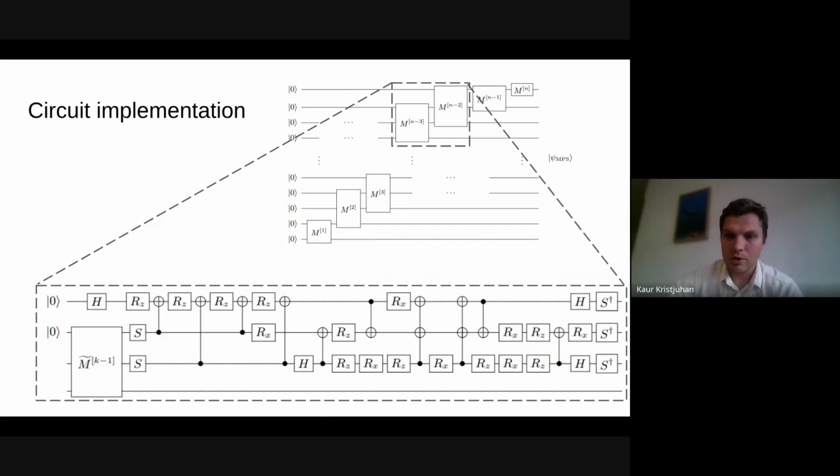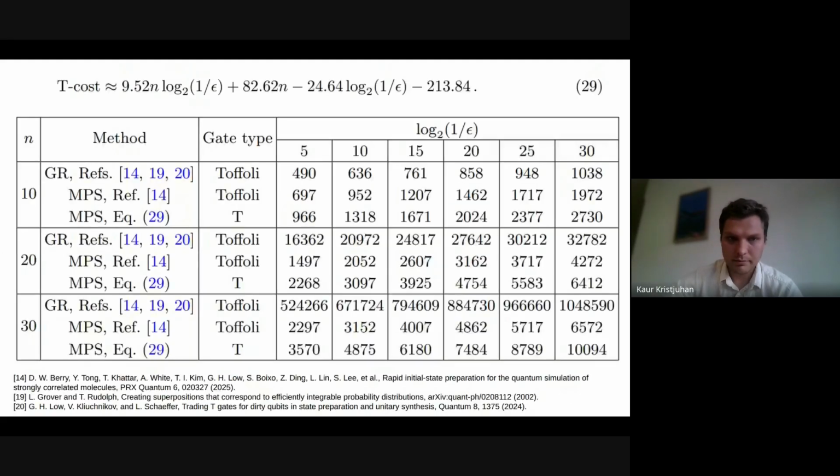Now we also want some numbers, right? How good is this circuit compared to other techniques that exist? This equation, which I've numbered 29, is the number of T gates that the circuit I showed earlier will use. The circuit I showed didn't have any T gates in it, but it had these rotation gates.